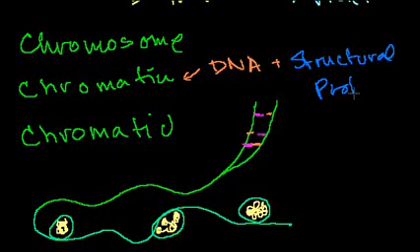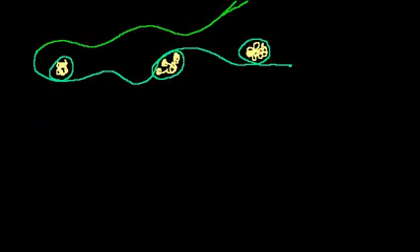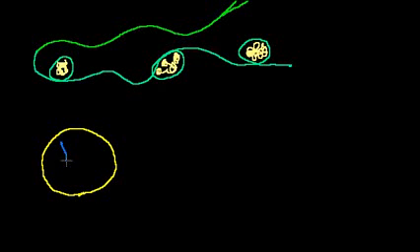Structural proteins. And the idea, chromatin was first used because when people look at a cell, every time I've drawn these cell nuclei so far, I've drawn very well-defined structures. Let's say this is a cell's nucleus. So that's one, and then this could be another one, maybe a shorter one, and then it has its homologous chromosome.